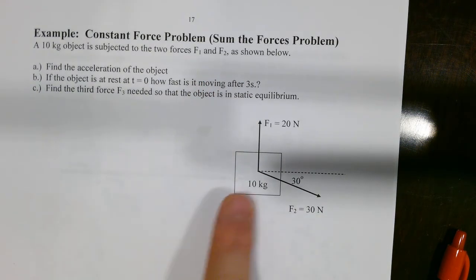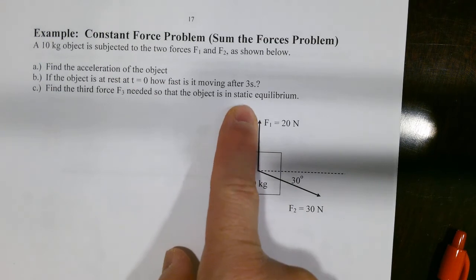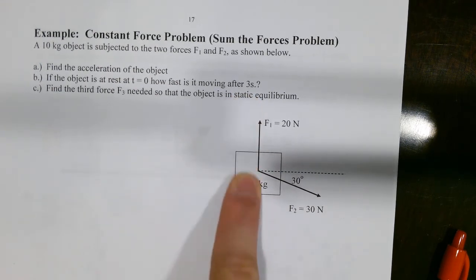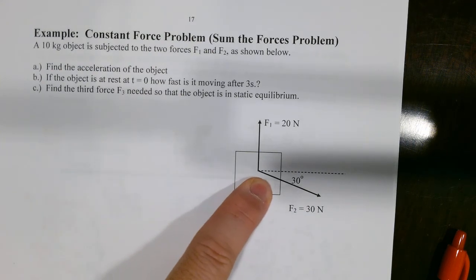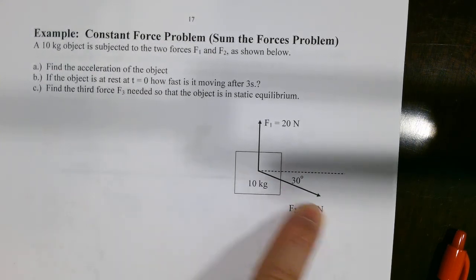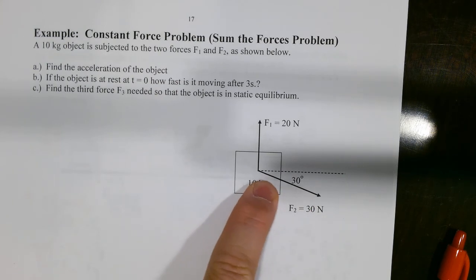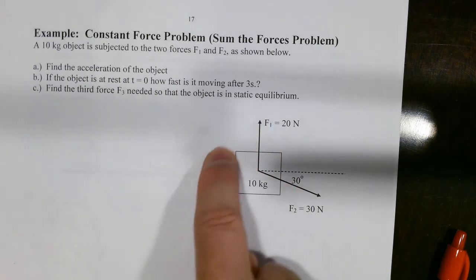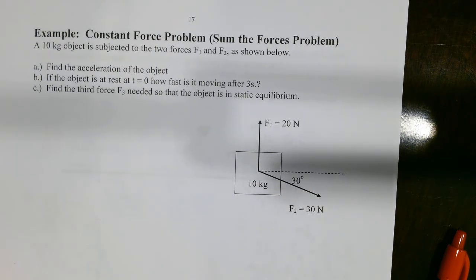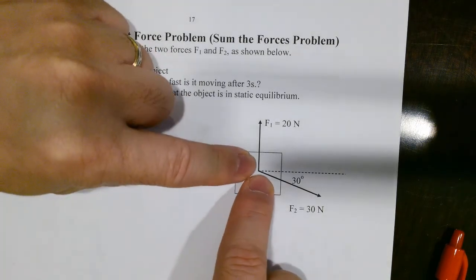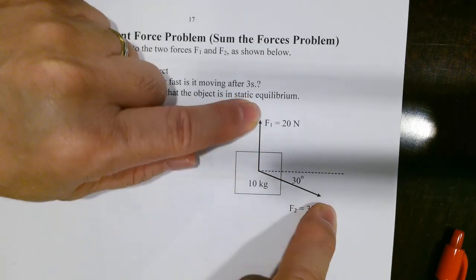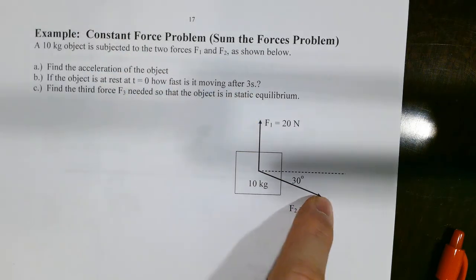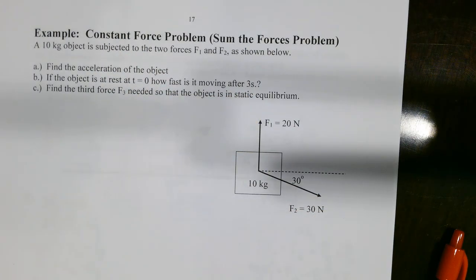Now F1 is acting 20 newtons in the positive y direction, and F2 is acting in the fourth quadrant, 30 newtons of force at 330 degrees. So if I were to pull on this 10 kilogram object simultaneously with two forces, what's going to happen to this?